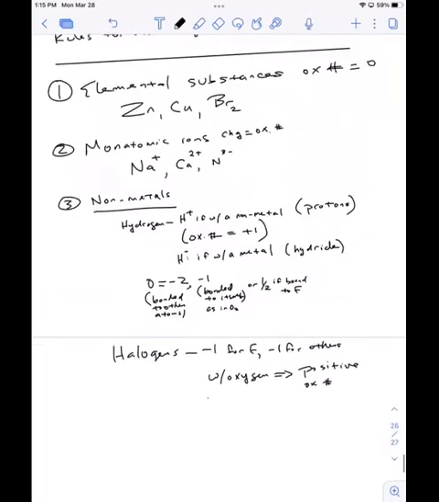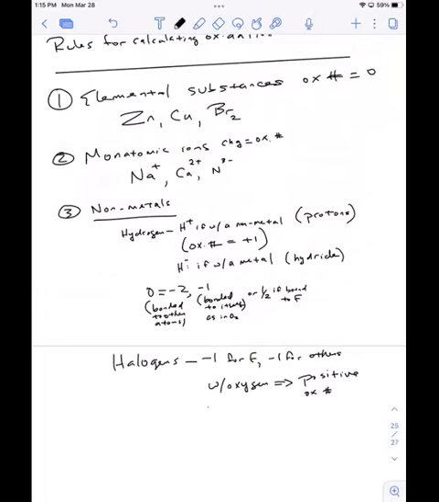So elemental substances have an oxidation number of 0. Monatomic ions have an oxidation number of whatever their charge is. For nonmetals, hydrogen is +1 with a nonmetal, -1 with a metal. Oxygen is -2 if it's bonded to another atom, -1 if it's bonded to itself, and +1/2 if it's bonded to fluorine.